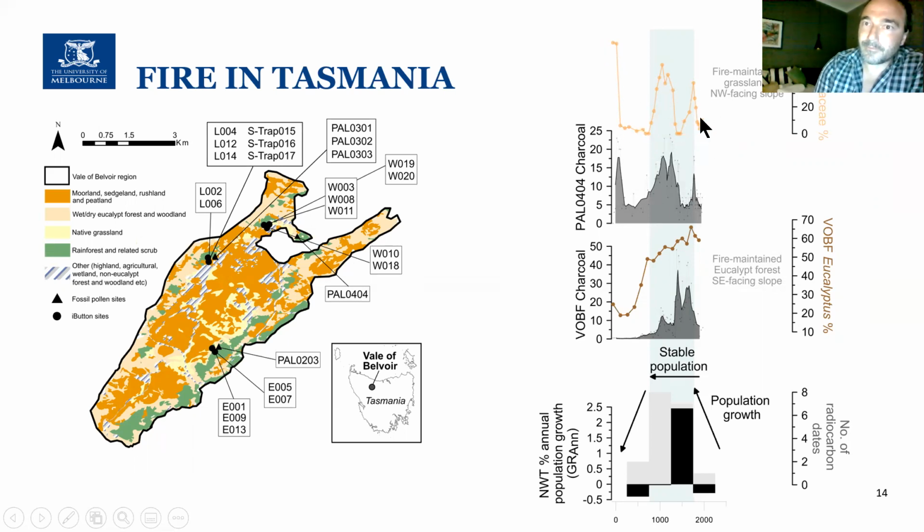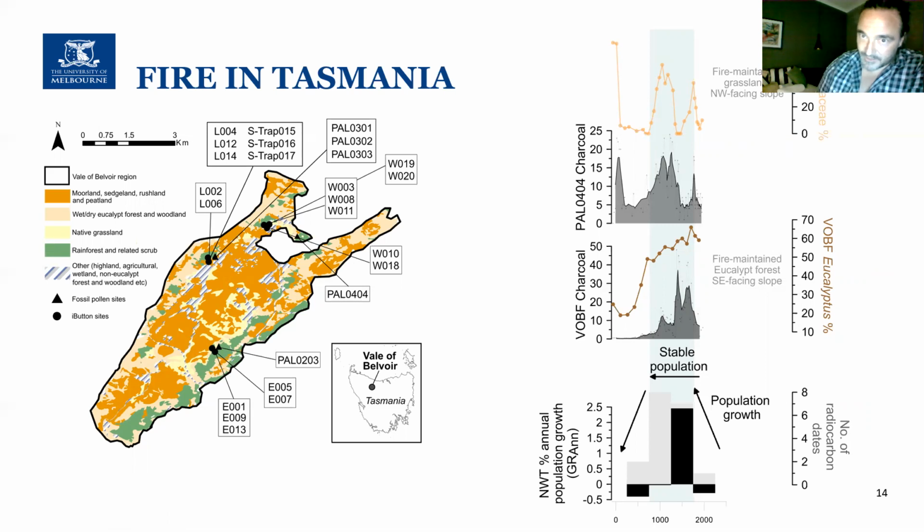So this is on a drier slope. You burn, you get grass. You don't burn, forest comes in. Really tight correlation. On the southeast facing slope, the really wet rainforest side, you can actually get fire in there, and there was fire in there between around 1,000 and 2,000 years ago. And what happens when you get fire in there, the rainforest turns into eucalypt forest, reflecting the different microclimate.